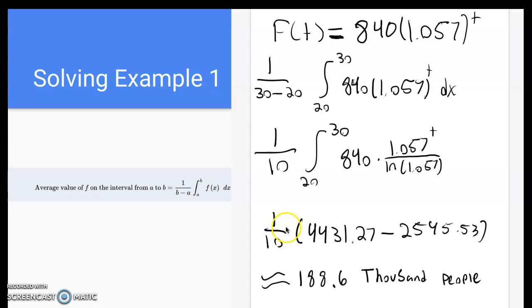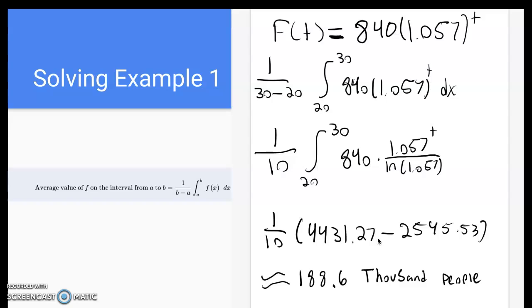And then down here we put the 1/10 in the front, and now we would actually integrate. First we would plug a 30 into the t, and that would give us 4,431.27.